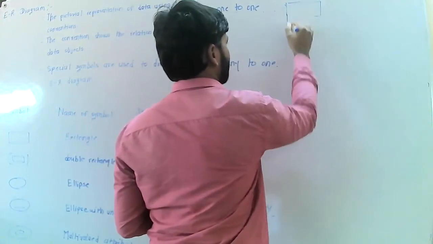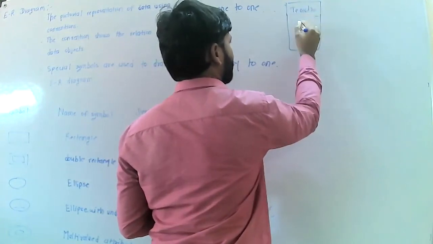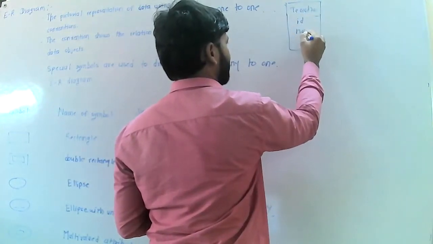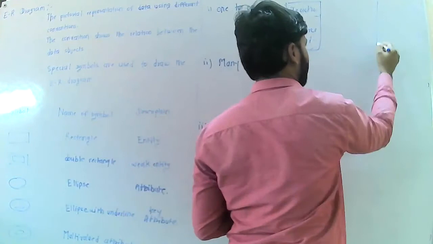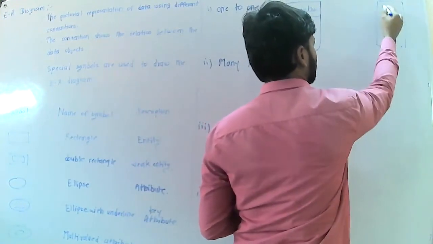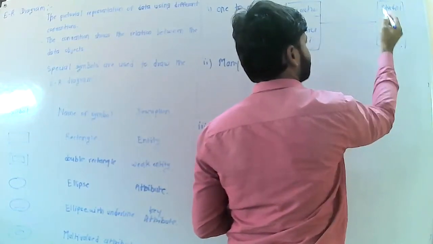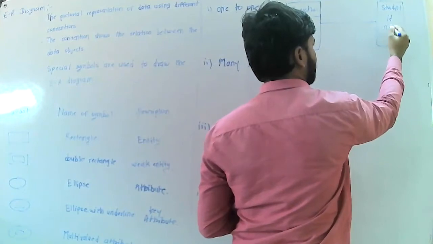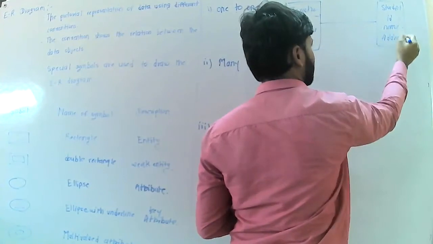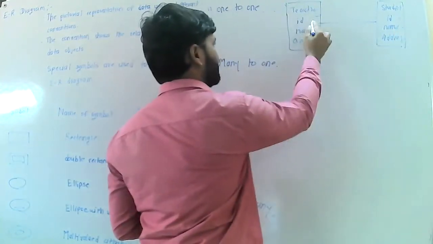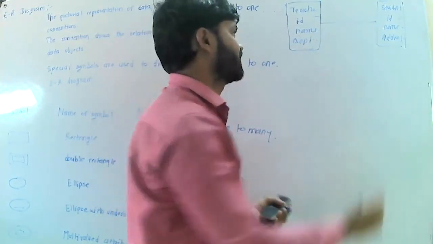So let's take an example. A teacher, having attributes ID, name, and department. Then the second entity, that is student, with ID, name, and address. These are the attributes of your entity student, and those are the attributes of your entity teacher.